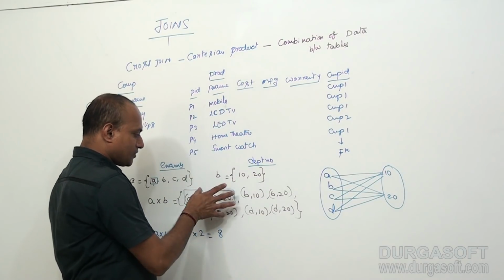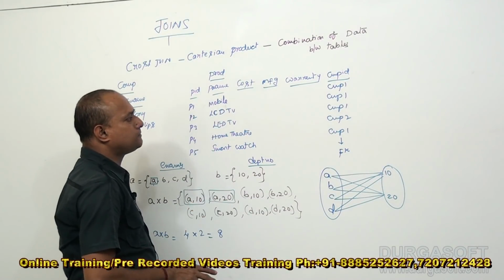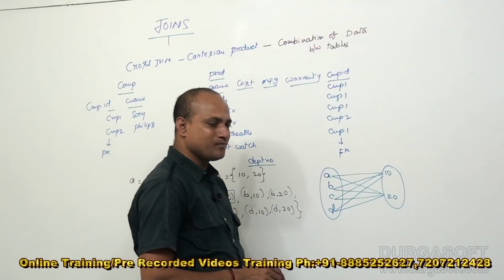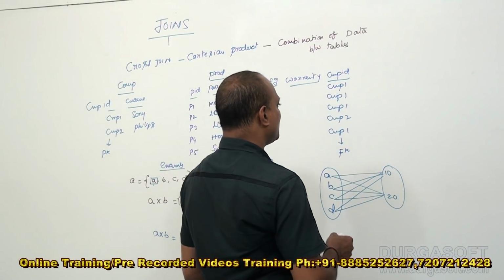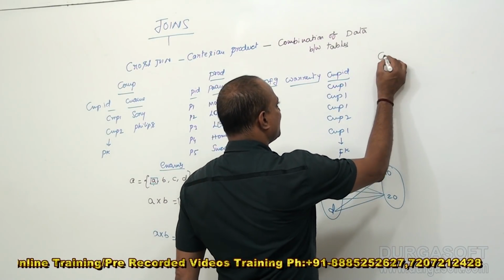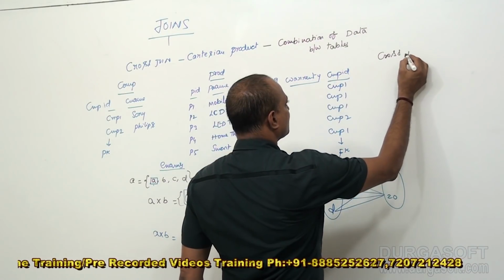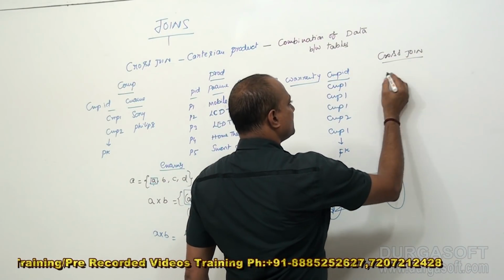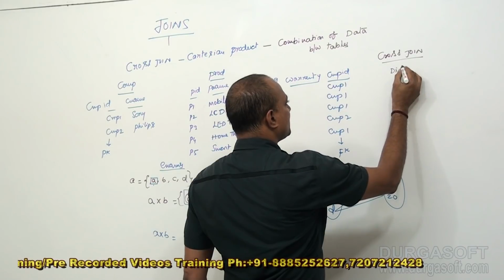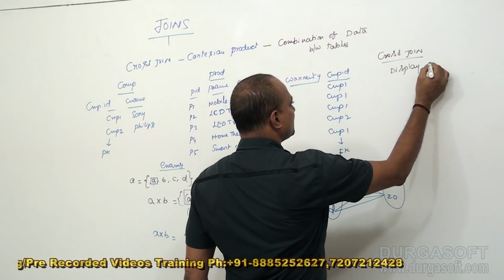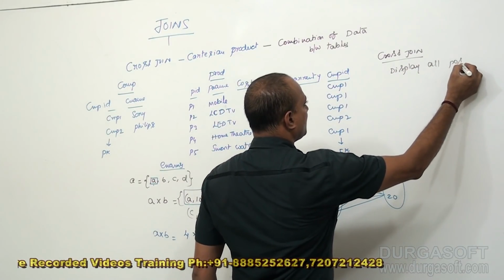So cross join will display all possible combinations. Listen, cross join displays all possible combinations.